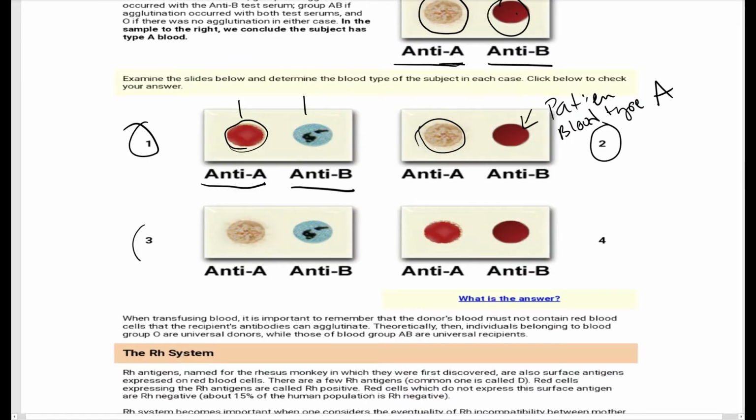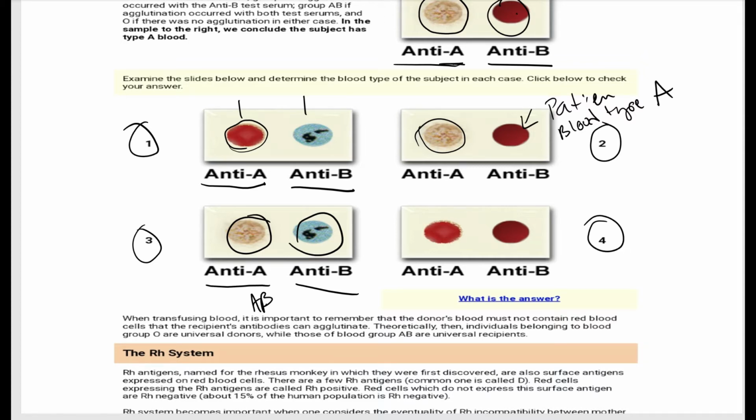If we go to number 3, we can notice a difference in both of them. When there is a difference in both of them, that tells us straight away it's AB. And of course in number 4, as you know, group O is a recessive one, so there is no agglutination at all in either of them.